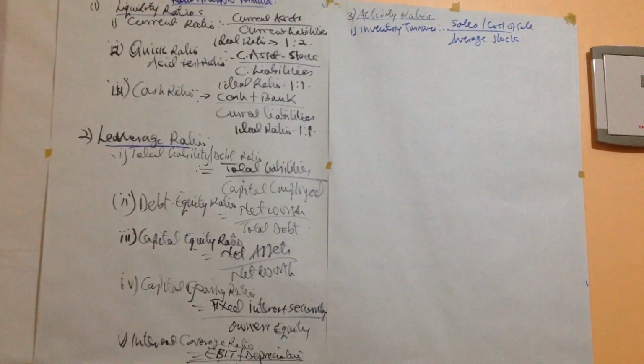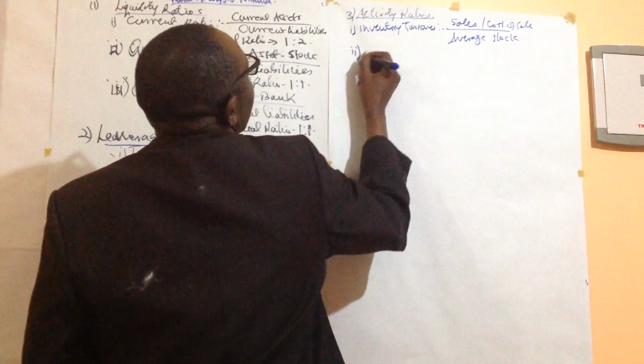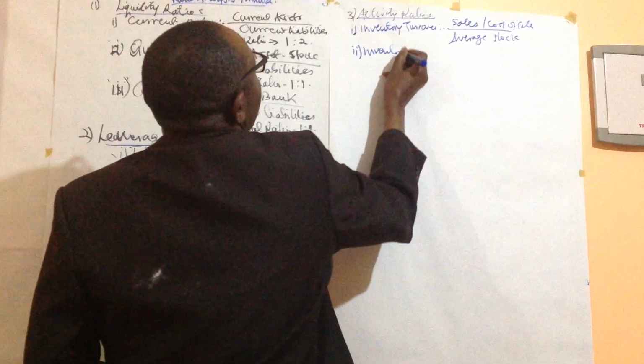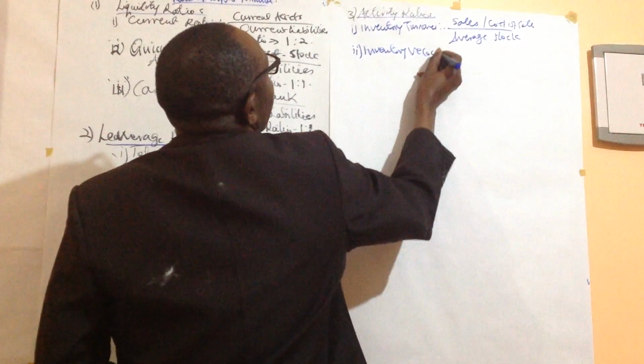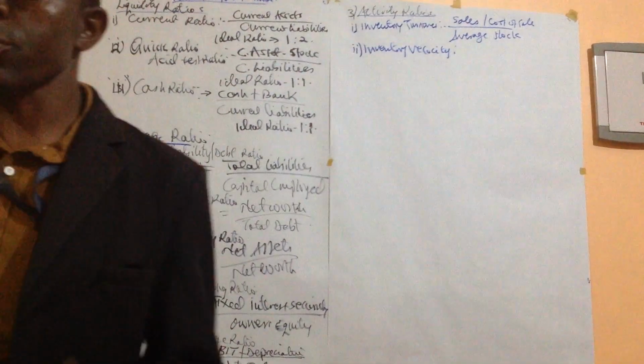Then you have inventory velocity. Velocity is the speed, meaning at what rate are we converting stocks into sales.